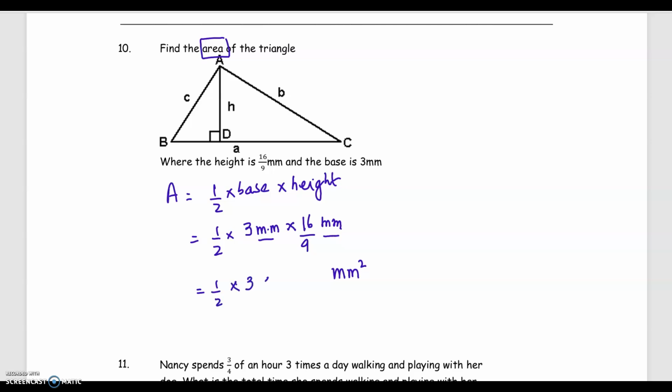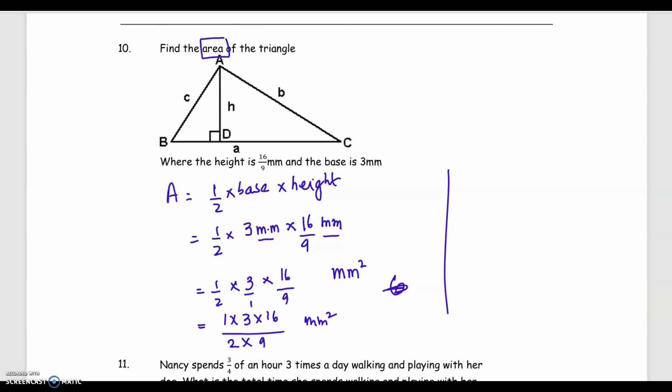And then I'm left with 3 times 16/9. Let's write 3 as 3/1. We can cancel common factors. One times 3 times 16 divided by 2 times 9 millimeters squared.